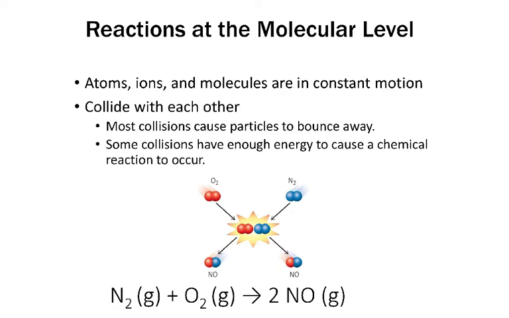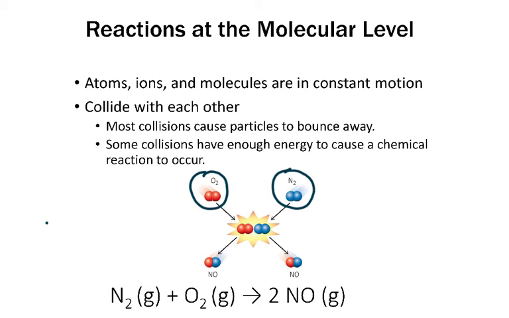So in the next section, we'll talk more about energy and things like the activation energy. But for now, we can just think about it in these simple terms. We have some molecules, but that means atoms, ions, particles. We'll just call them molecules, moving constantly through space, such as maybe an O2 molecule and an N2 molecule.